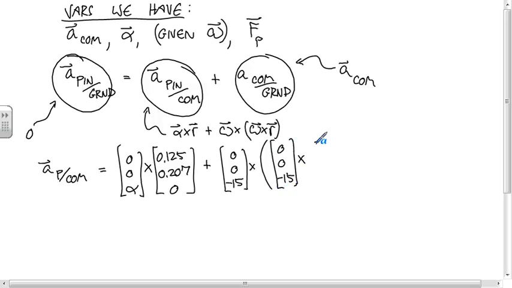Cross with R. And if you do all that, you get, oh, it's not 0.207, it's 0.217, sorry about that.